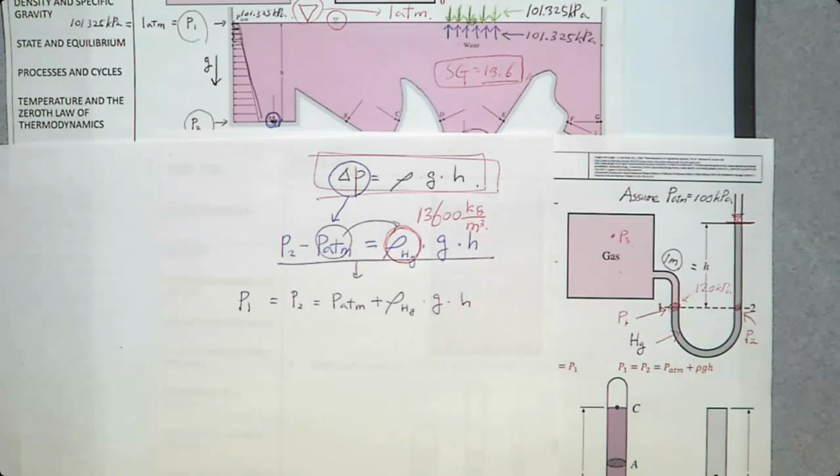What is the most common gas that we study? Air. What is the air density? We cannot say exactly, because air density changes depending on pressure and temperature. But at room temperature and atmospheric pressure, approximately 1.2 or 1.3, compared to 13,600. The density of gas is almost nothing.